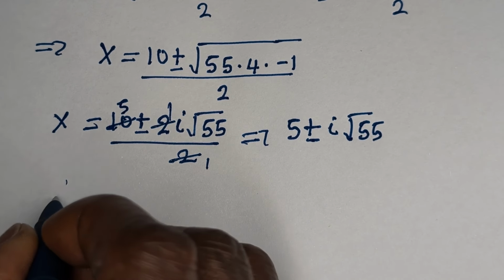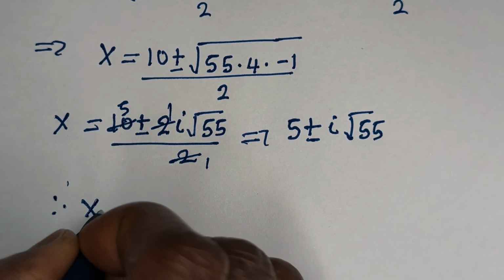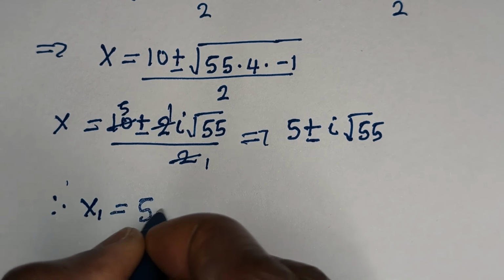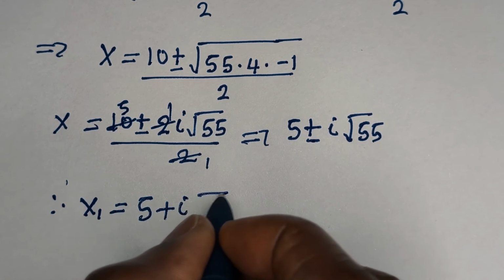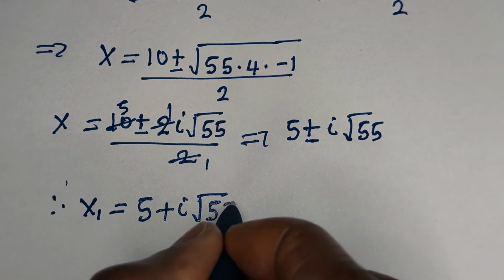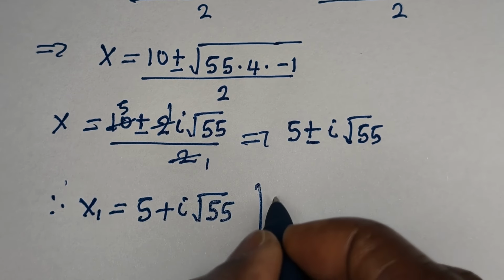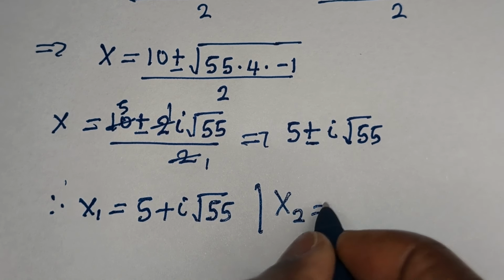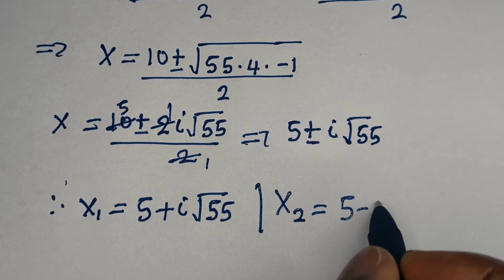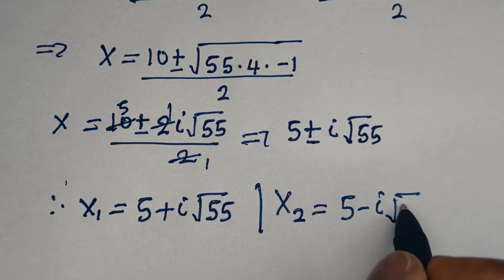Therefore, x1 is equal to 5 plus i square root of 55, and x2 is equal to 5 minus i square root of 55.